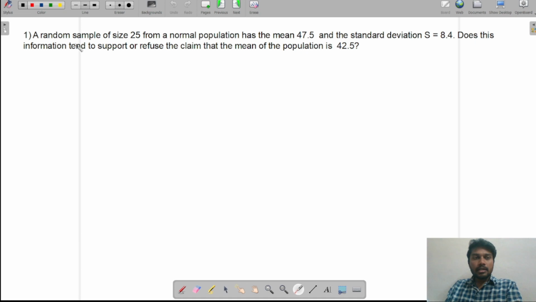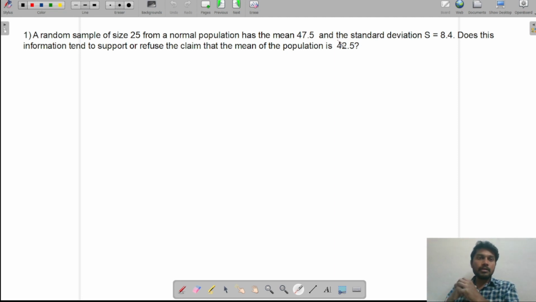Does this information tend to support or refute the claim that the mean of the population is 42.5? So there is data in the question in terms of a population and a sample. We are testing this given data statistically, and whether the claim is supported or fails we have to identify with the help of the t distribution.